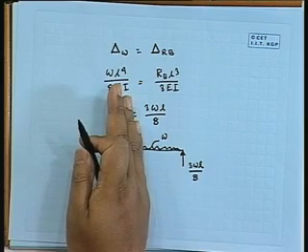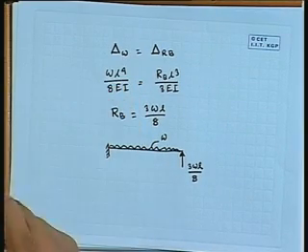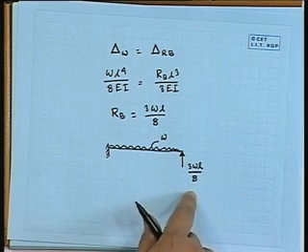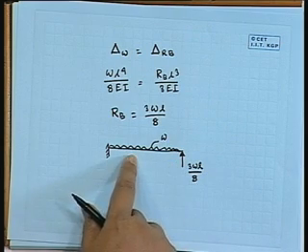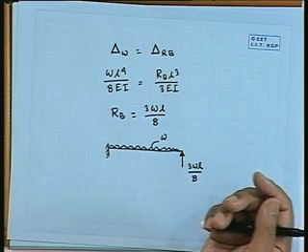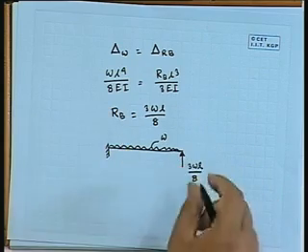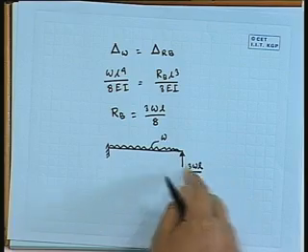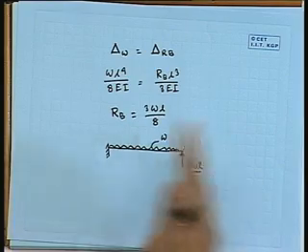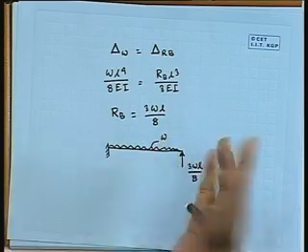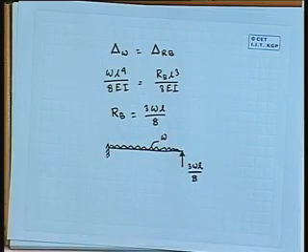Now, at any point, if you try to find out the shear force, it will be your 3 omega L by 8 minus omega into x, right, or moment if you want to take. So, this 3 omega L by 8 multiplied by x minus omega x square by 2. So, this plus or minus depending on the sign, effect of that can be taken as plus.